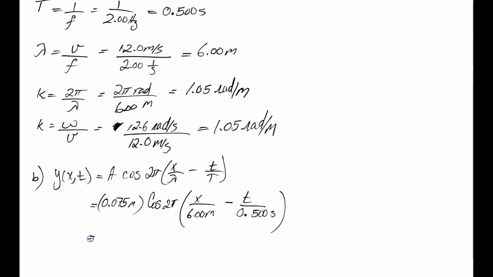which we can simplify a little more and say this is 0.075 meters cosine.